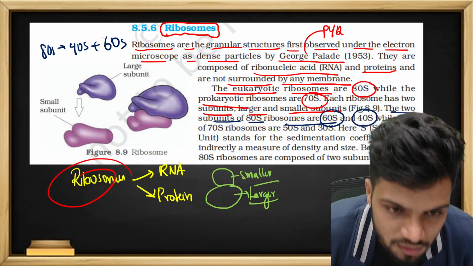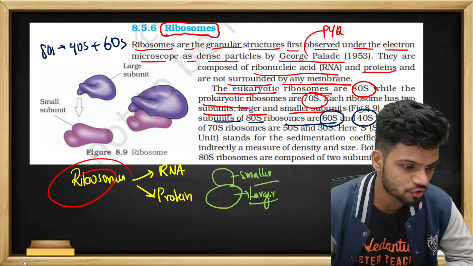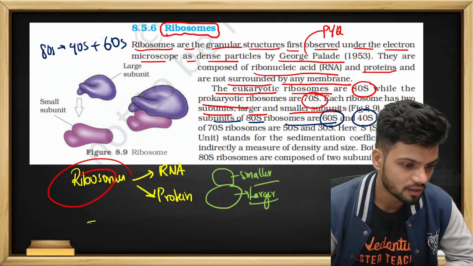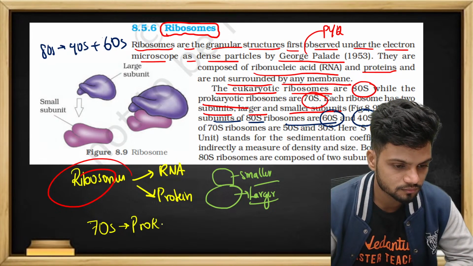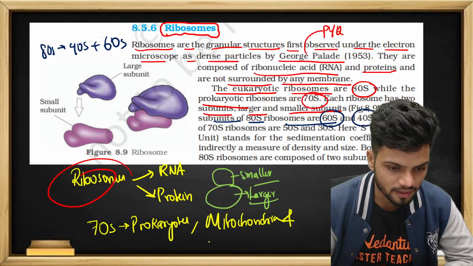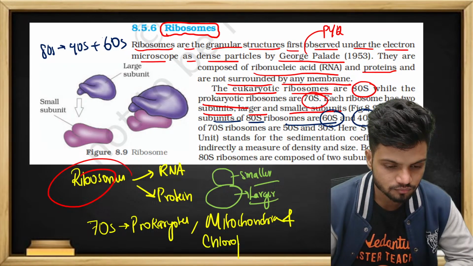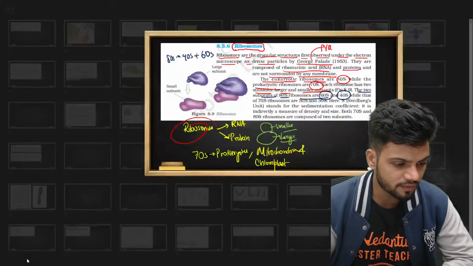See here, 80S ribosomes are 60S and 40S, while there is the 70S ribosome. Friends, remember, the 70S ribosome is mainly found in prokaryotes, mitochondria, and chloroplast.